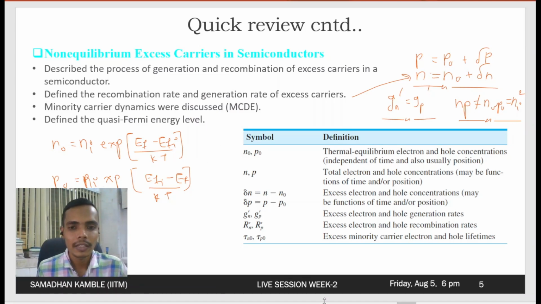So these are the electron and hole concentrations when there is thermal equilibrium. Ni is the intrinsic carrier concentration.